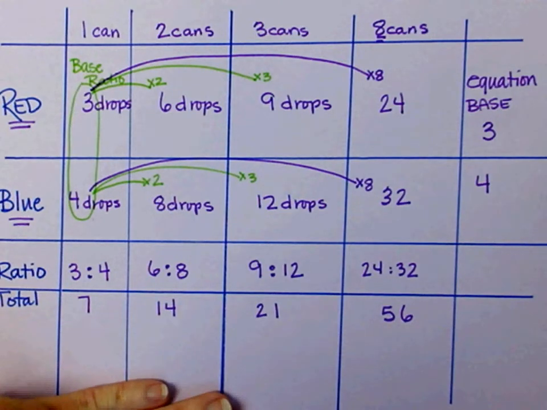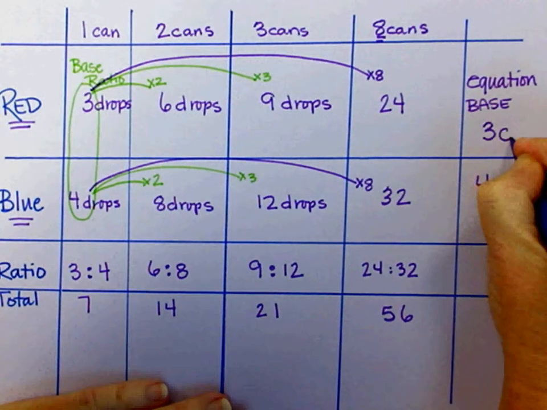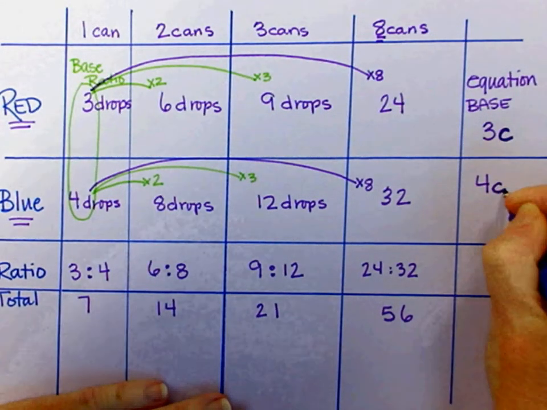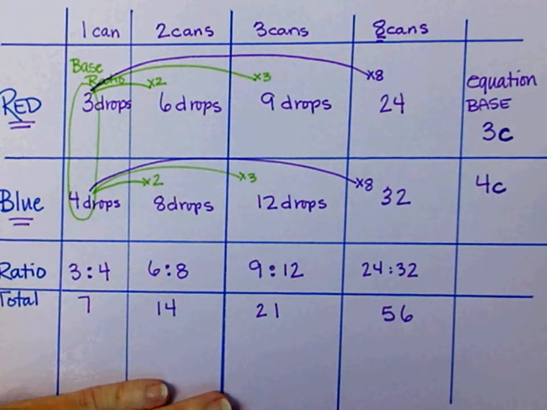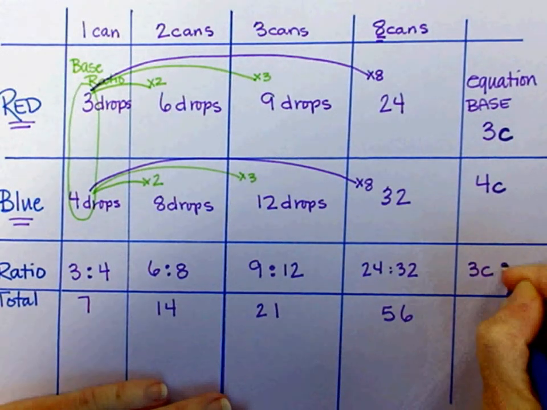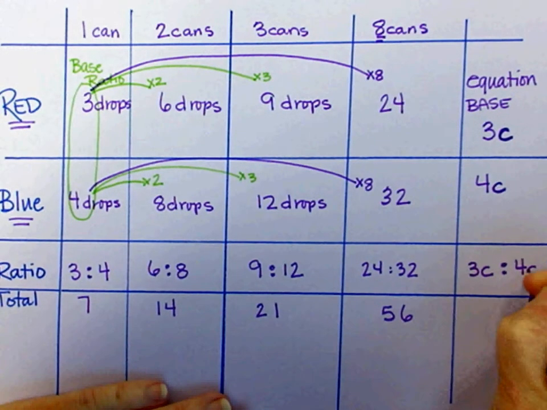I don't know how many cans I want to purchase, so we're going to put a C behind the 3 representing our can, and a C behind the 4 representing our cans. So my ratio is 3C to 4C.